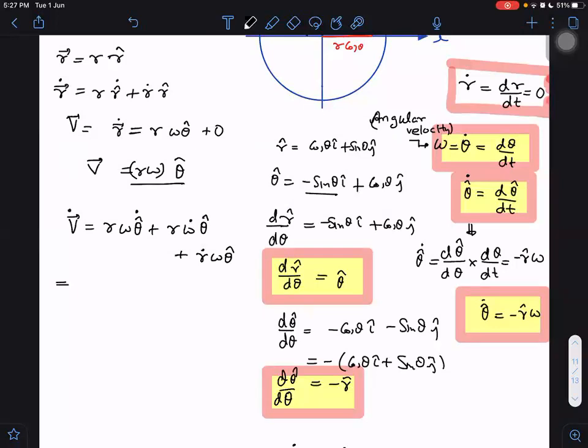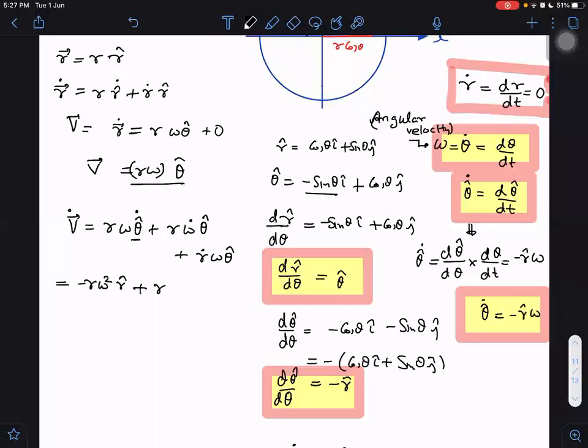Now tell me, what will be the derivative of theta cap? It is equal to minus r cap, and one omega will come from that derivative, so minus r into omega square into r cap.